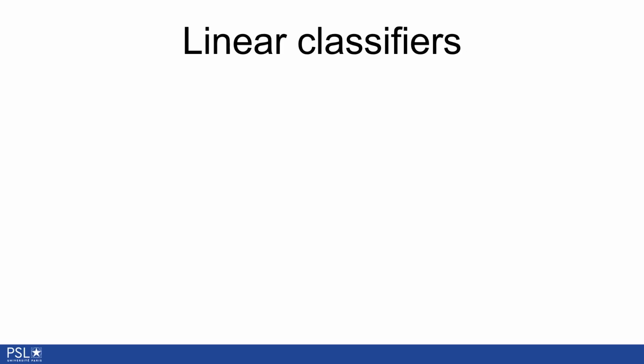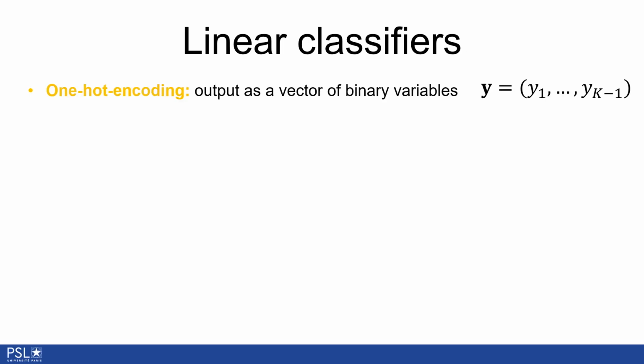Let's now go a little more into the technical details. In general, for linear classifiers, the output is encoded using one-hot encoding. That means that the output is a vector of binary variables, zeros or ones, and at most one of the variables is non-zero. In general, for capital K classes, this will be a capital K minus 1 dimensional vector, where the last, Kth class is obtained if all the variables are 0.